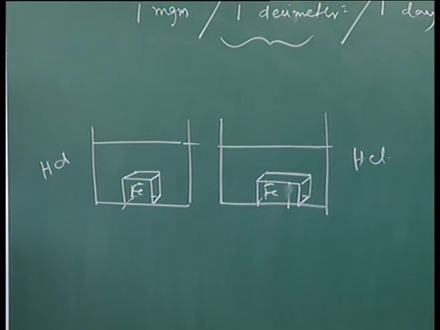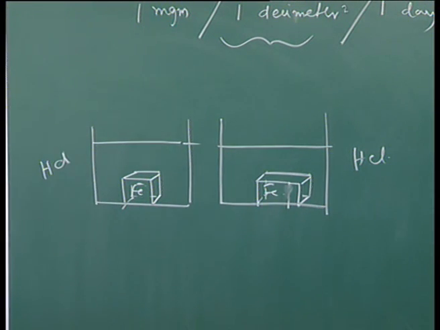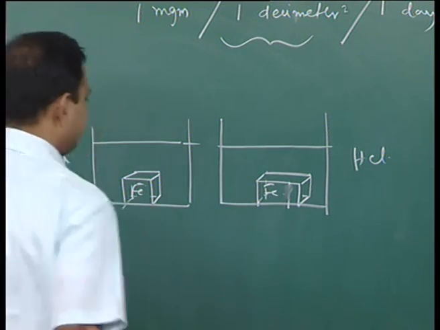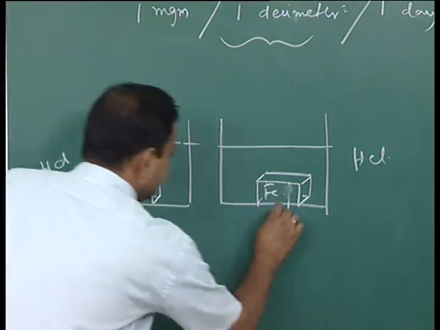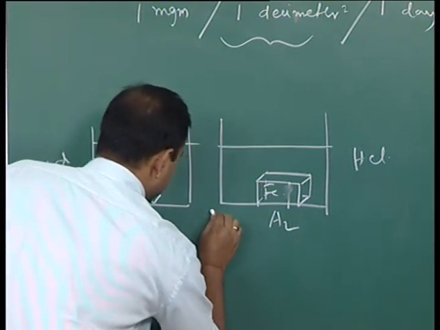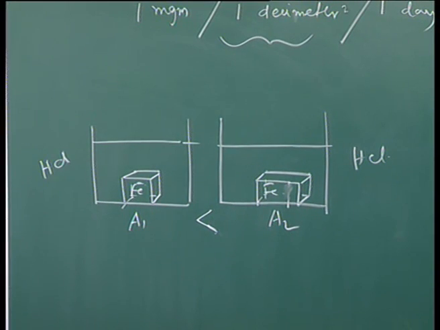So, both the cubes of iron have the same composition, same solution, same concentration, but you have a different area exposed. Now, in this case the area exposed is less. So, if you consider A1 and A2, A2 is greater than A1.